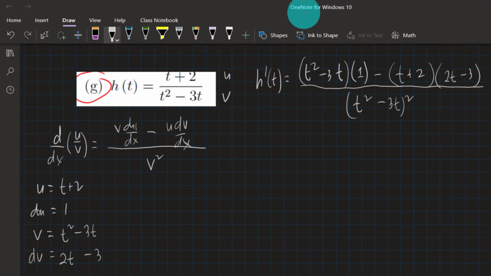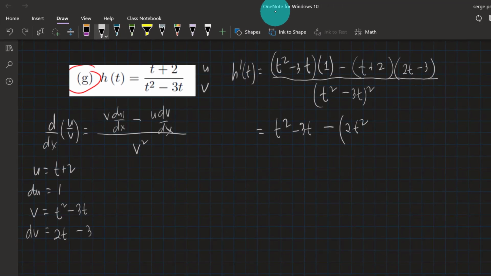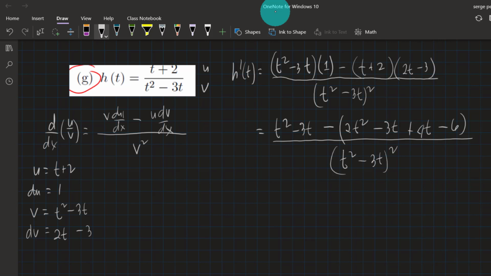And then we simplify. So this is it, t squared minus 3t. Then we use the FOIL method here. We have minus, this is t times 2t is 2t squared. Then minus 3t plus 4t minus 6 all over t squared minus 3t quantity squared.